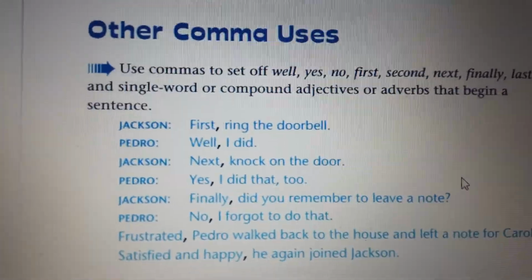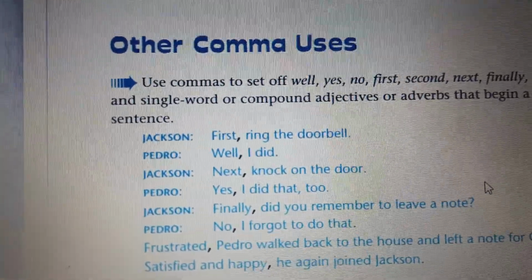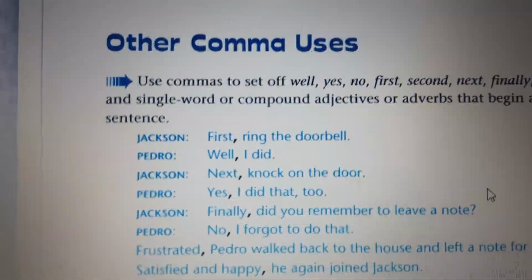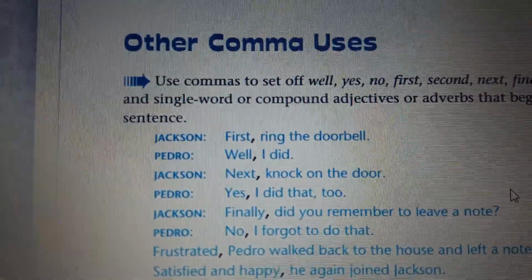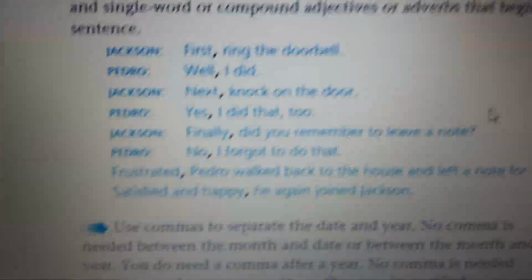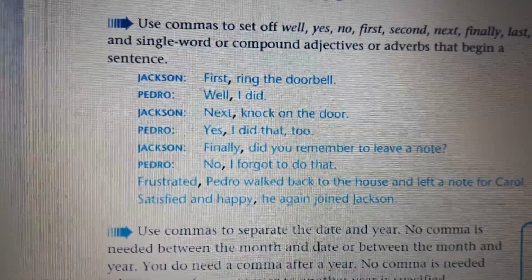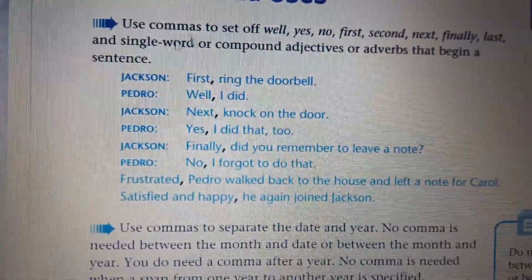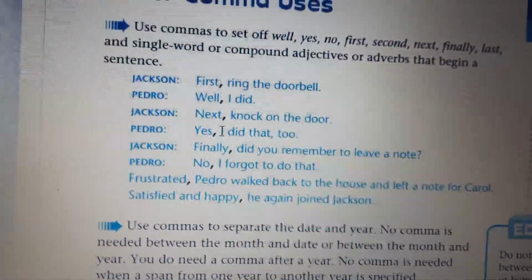Use commas to set off yes, no, first, second, next, finally, last, and single word or compound adjectives or adverbs that begin a sentence. Here we have this dialogue. We have first, you have to write a comma, next, comma, and then do not forget the period.